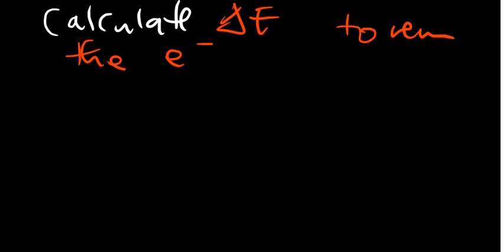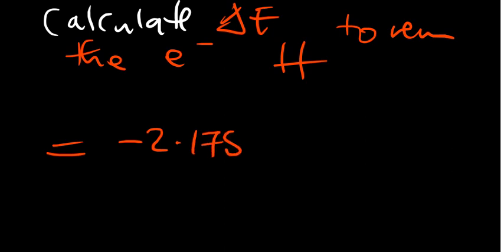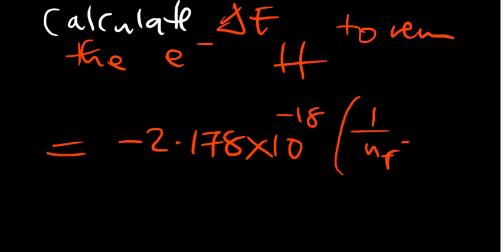Of course, a hydrogen atom has only a single electron. So it's the amount of energy required to remove such an electron from its ground state in a hydrogen atom. The same formula that we are working with, we'll say negative 2.178 times 10 to the power negative 18. This was by Bohr, so this is usually called the Bohr equation. So you say 1 over n final squared minus 1 over n initial squared.